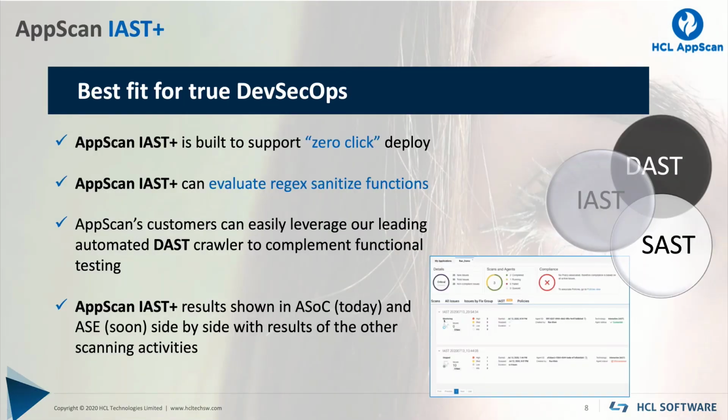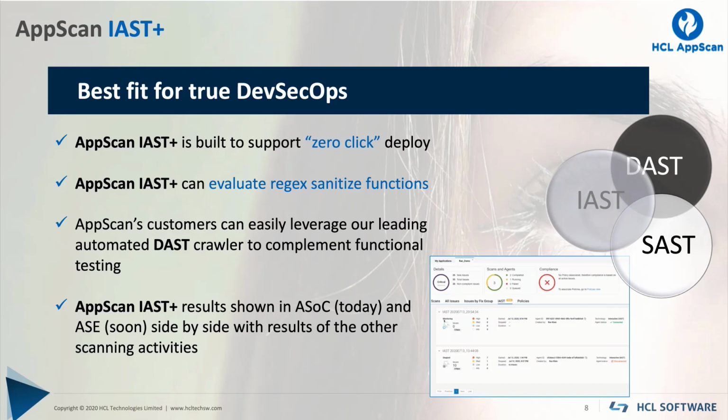And the latest addition that we've added, interactive application security testing, also known as IAST. This was introduced in our cloud solution earlier this year, and it's now coming to the on-prem. Unlike other vendors, AppScan IAST offers a zero-click deploy experience of our agents and with minimal to no impact to your application performance.